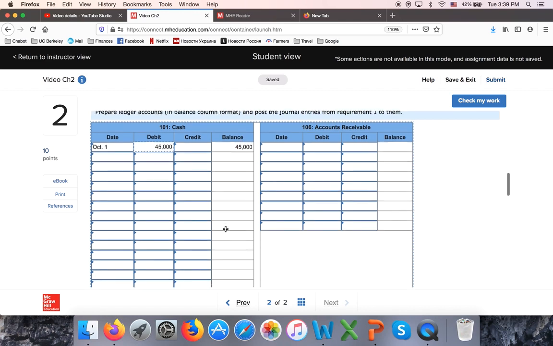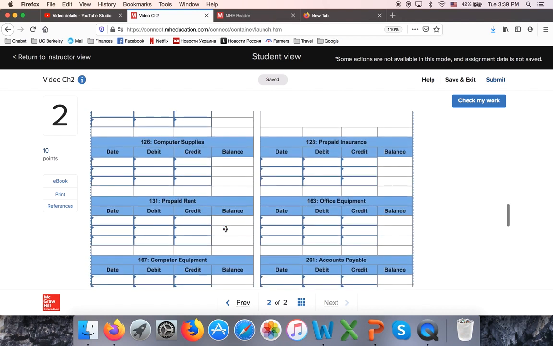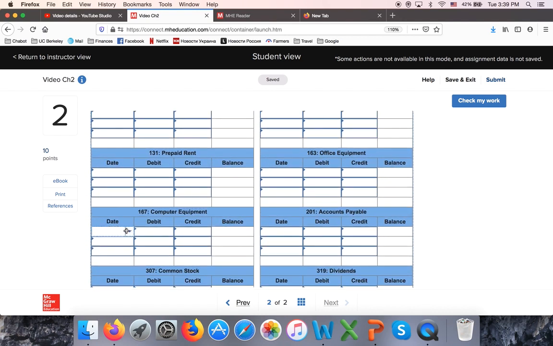The second one was computer equipment. There it is. And again, I choose the date and I say 20,000 debit, and it's an asset that becomes the balance. And then office equipment is October 1st, $8,000. Oops, sorry, this is the date.